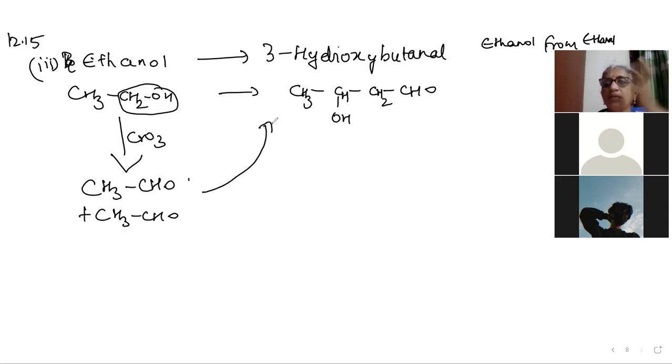Condense means joining together in the presence of dilute base to form this aldol. And how it happens, you need not show here because we already learned. Just if you can remember properly, this H from here gets shifted over here, new bonds formed between this and this. We will be writing it side by side and writing the aldol, no? So the aldol is the product.